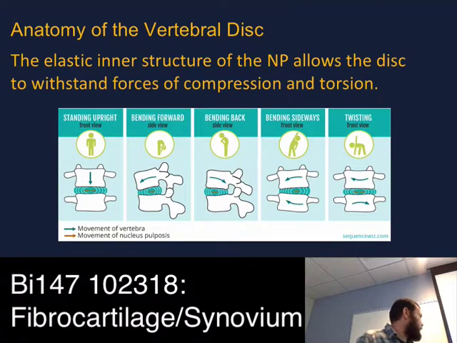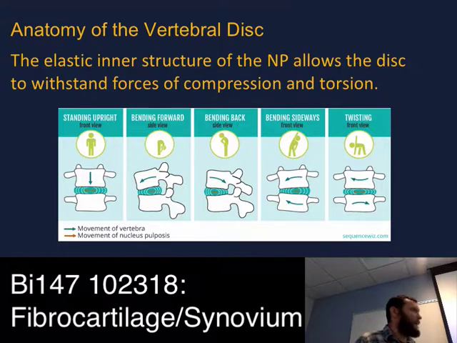All right, so here's a little bit of the biomechanics of the disc. It's important to understand what's happening to the disc. When you're standing upright, there's this compressive force from the vertebra above down onto the disc, where the disc is being compressed, but that nucleus pulposus is pushing out, and the annulus fibrosus is resisting that expansion.